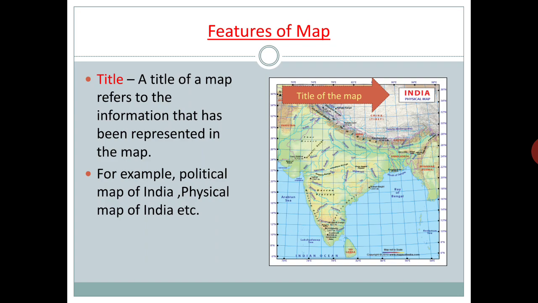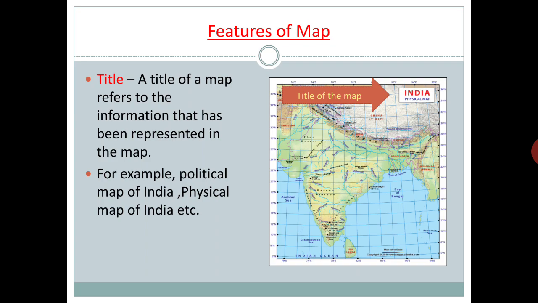The first one is the title. The title of a map refers to the information that has been represented in the map. That means what information has been given in a map. You can see a physical map there. On it, the physical features like mountains, rivers, plains, plateaus, all this information is given in a physical map.